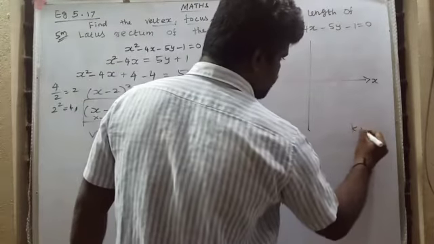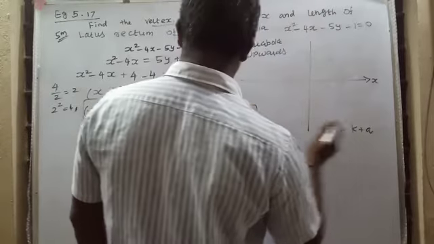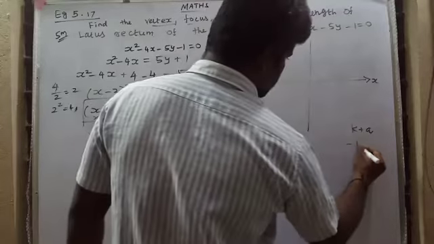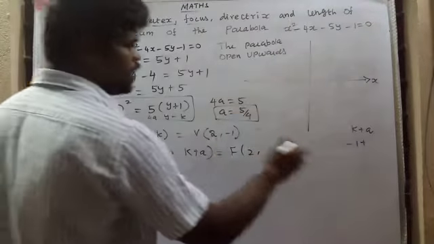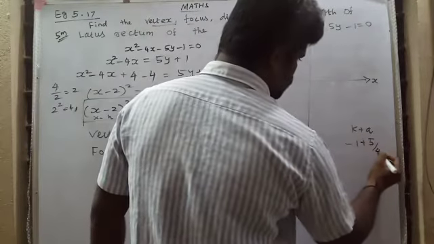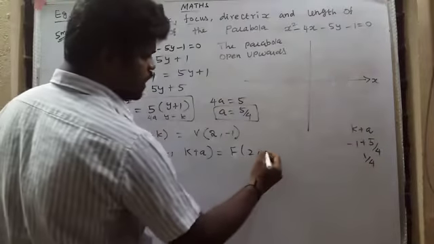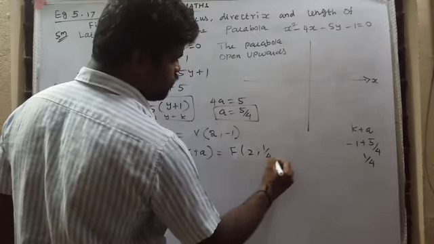What is the k plus a value? K is minus 1, plus the value of a, 5 by 4. So minus 4 plus 5 means 1 by 4. So the k plus a value is 1 by 4.